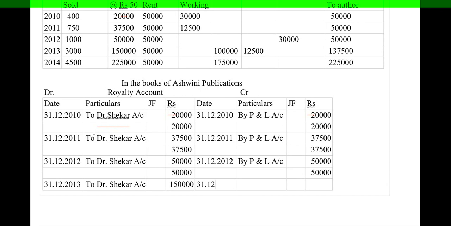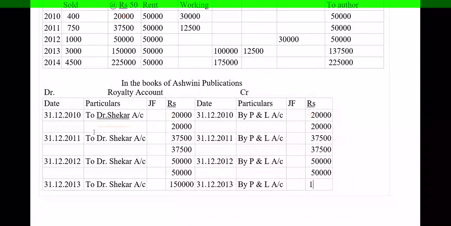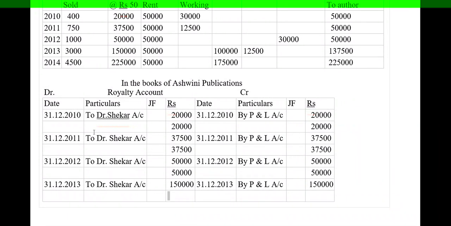On 31st/12/2013, when this is transferred to P&L account, it will be profit and loss account debit to royalty account. So royalty account is credited by P&L account. So 1,50,000. Then let's do the totaling here. So 1,50,000. So here also 1,50,000.